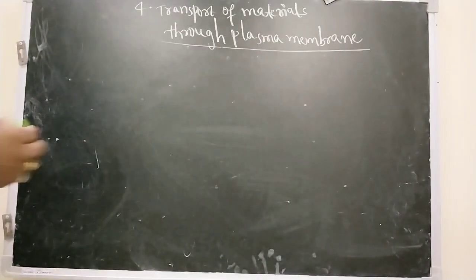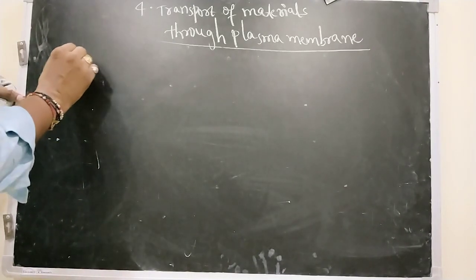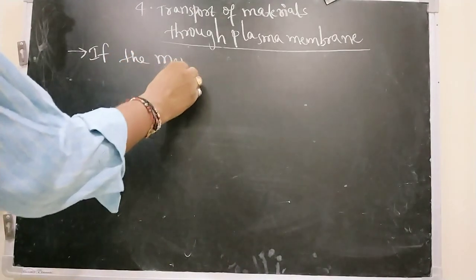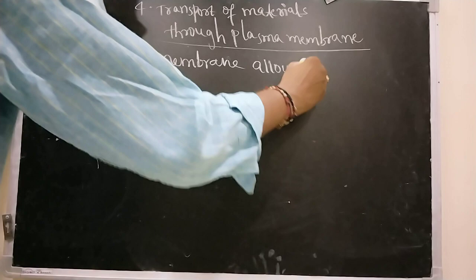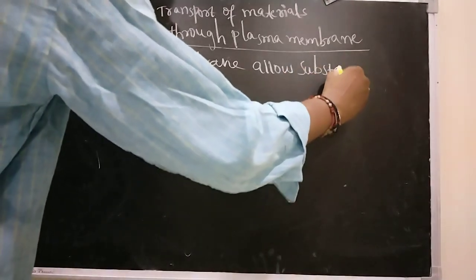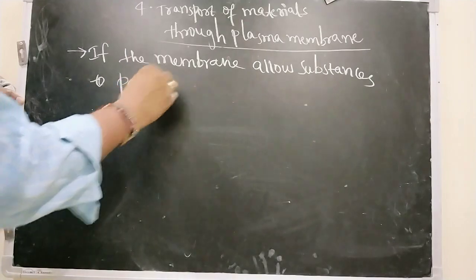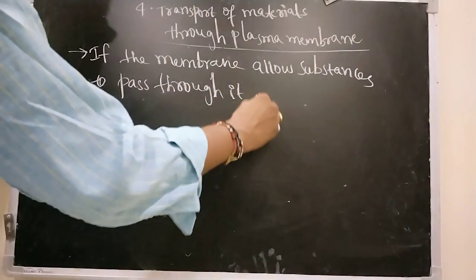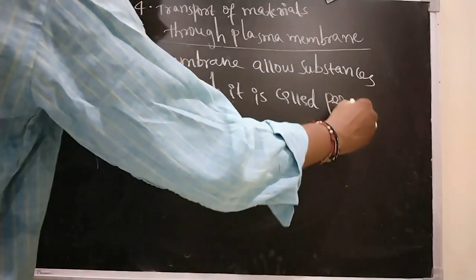Here we have to know some properties of the membrane. For example, if the membrane allows substances to pass through it, this property is called permeability.